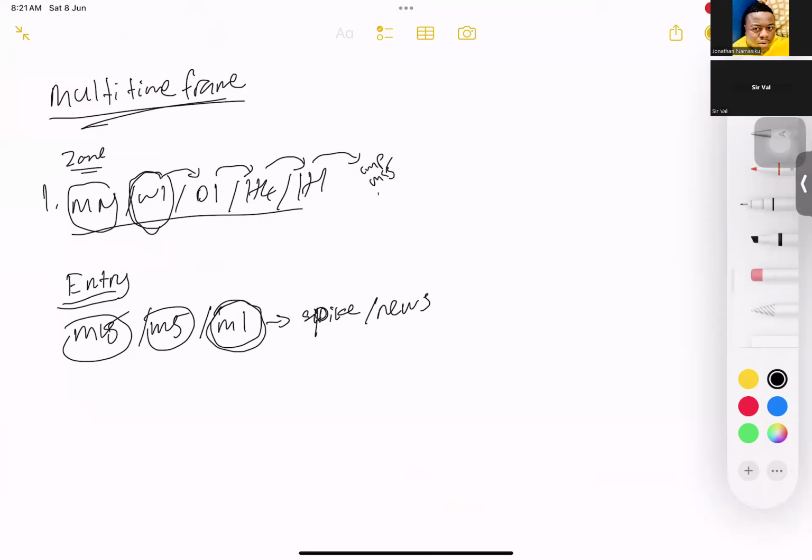If a new zone H1 or H4 has been created from the entry zone, from CMP, the current market price, then this CMP cannot be valid to use if price pulls back again. So you need to wait for the new CMP, okay, clear.